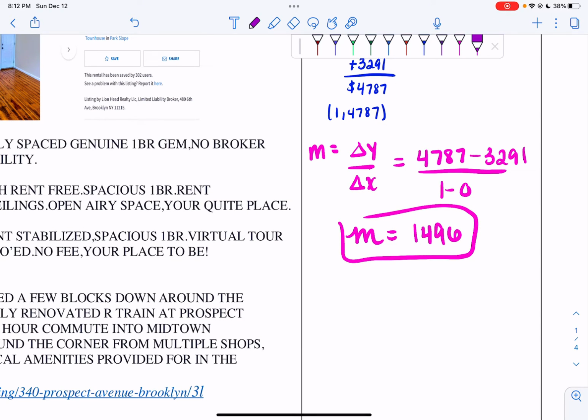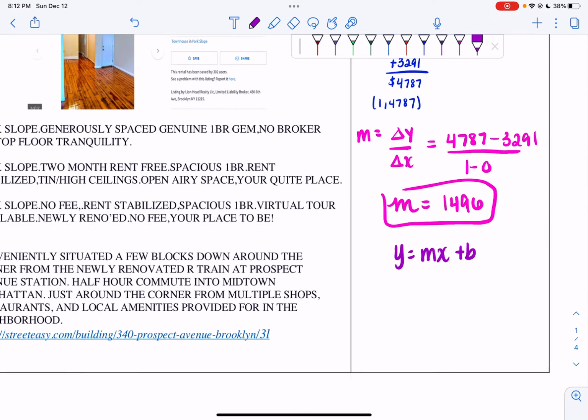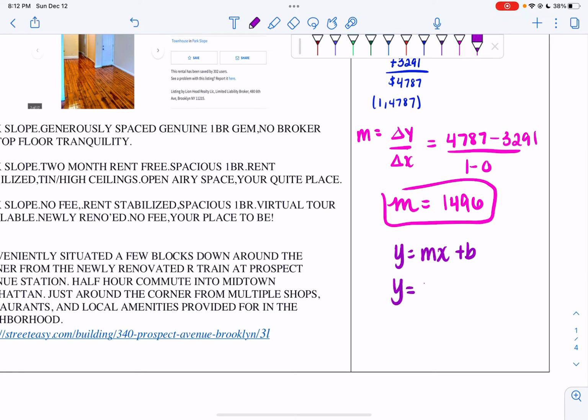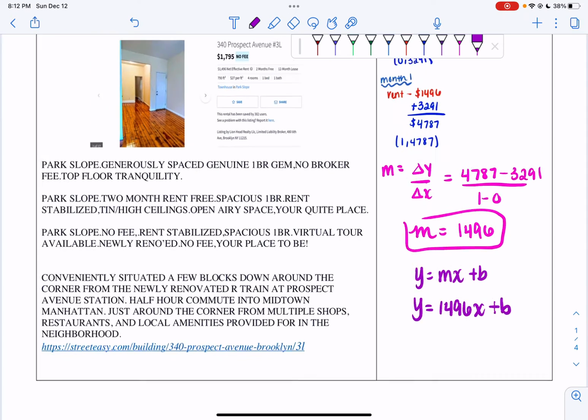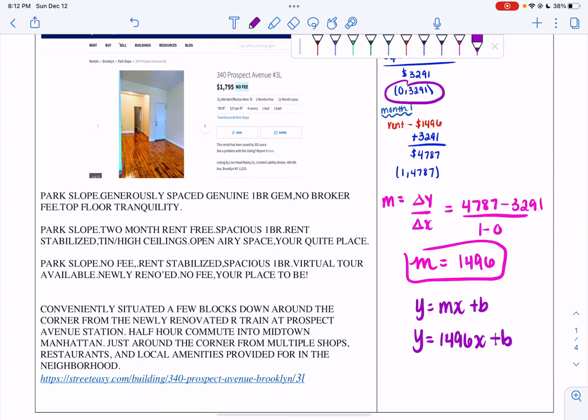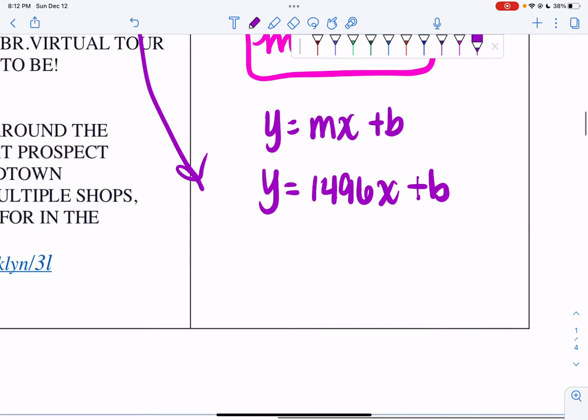Now I need to find my y-intercept. So I write down y equals mx plus b. I know my slope is $14.96. I'm now going to use my point (0, $32.91). So my x value is 0, my y value is $32.91.